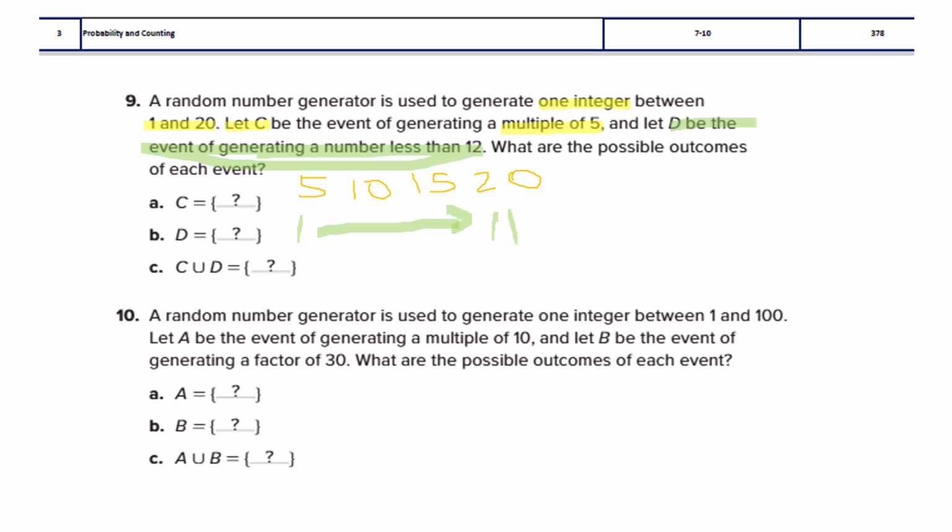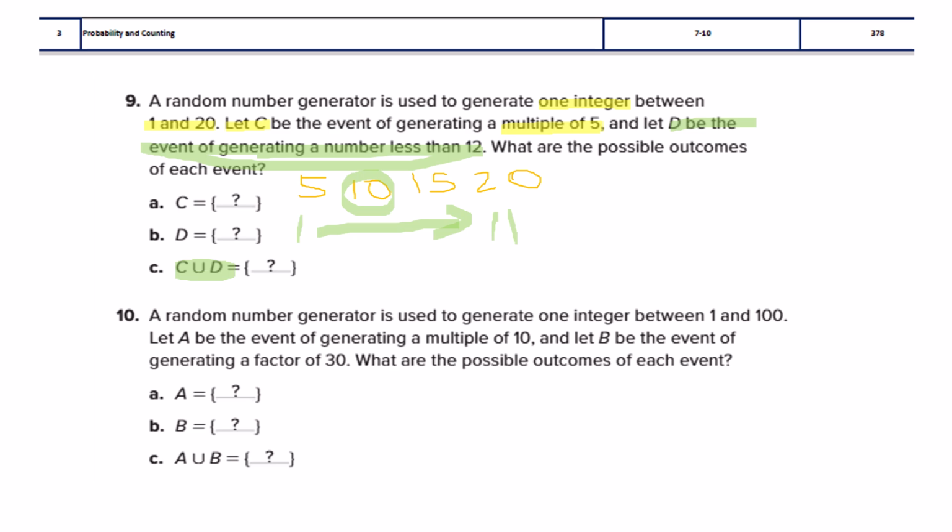Remember all your numbers. You list all your numbers. And then they ask you once again, what is the union? Union means you're going to write all the numbers down, but you do not repeat any numbers. So example, if you got 10 here and 10 in the other event, you only write 10 one time.